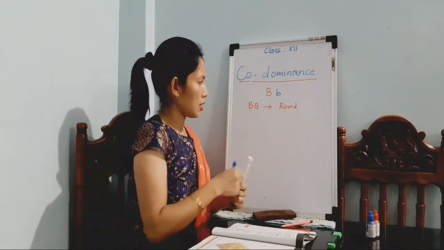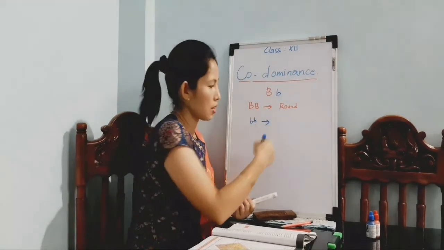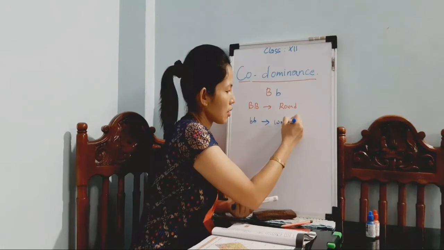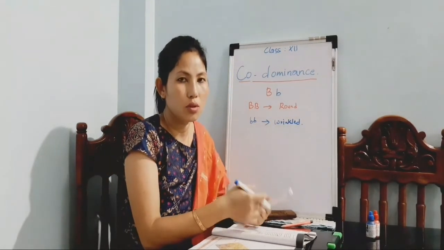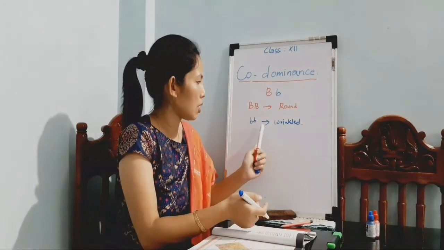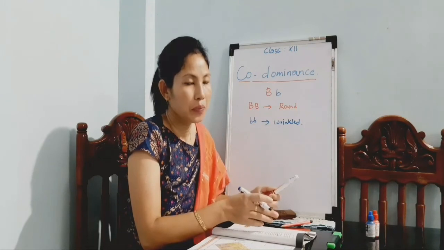On the other hand, with small b in homozygous condition, the seed comes out wrinkled, as starch synthesis by small b is less efficient. So upon maturation, the shape of the seed becomes wrinkled, not round.